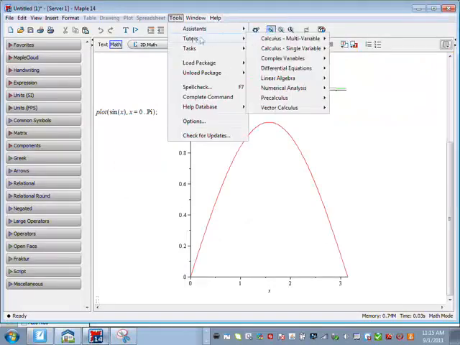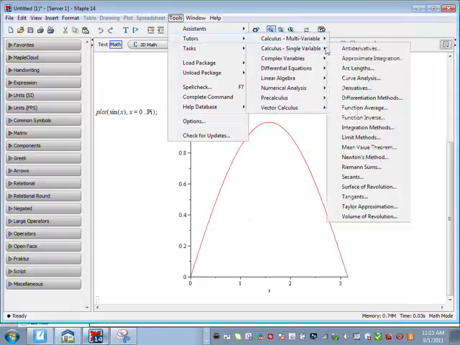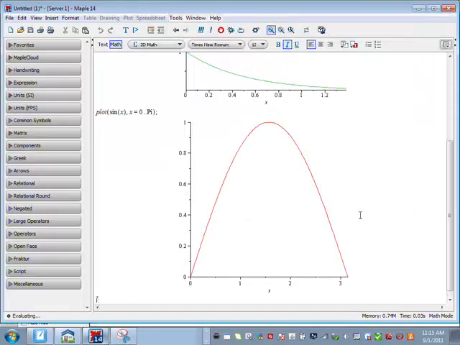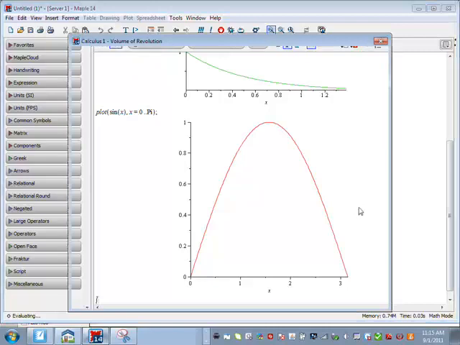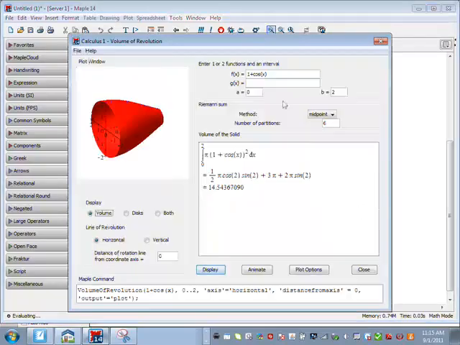We got some tools. Calc 1. Do some volumes, right? Volume of revolution. We're going to take the sine of x from 0 to pi.